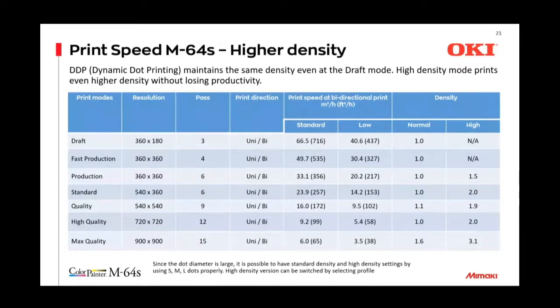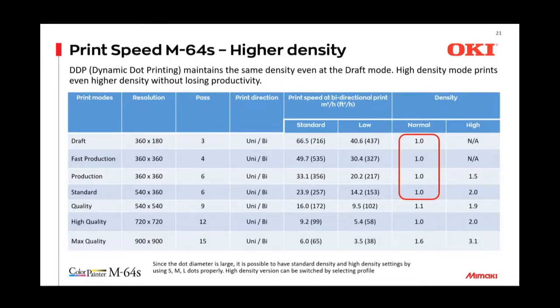All right, so we're going to get into print speeds quickly now. So this will go into the DDP, the dynamic dot printing. So we're trying to highlight how we get so much density at lower production speeds, and that's what this slide really shows. What I've just highlighted is the normal sort of output settings. Since the dot diameter is large, it's possible to have a standard density and a high density setting by using small, middle, and large dots properly.